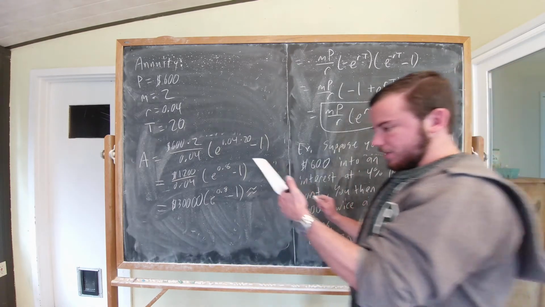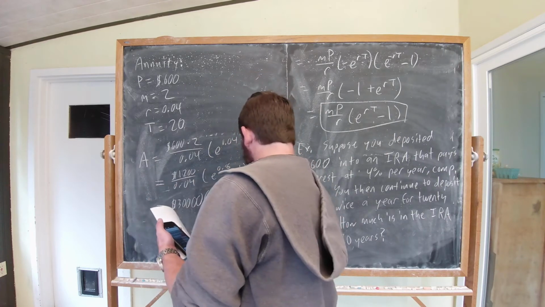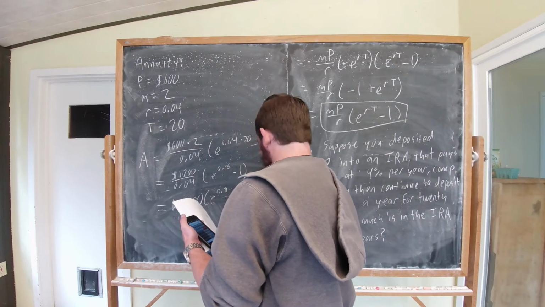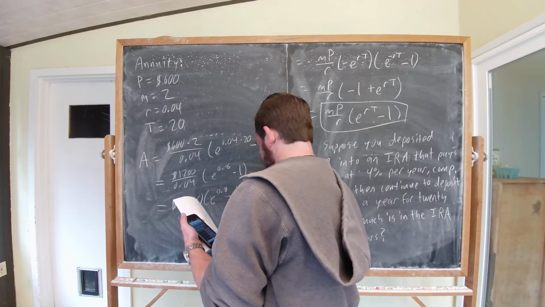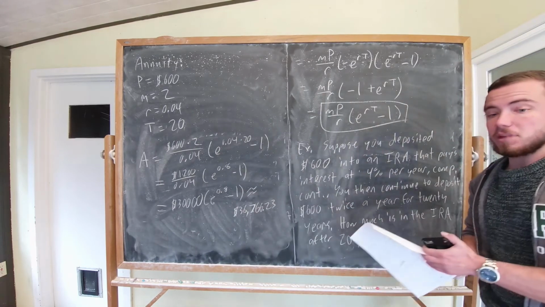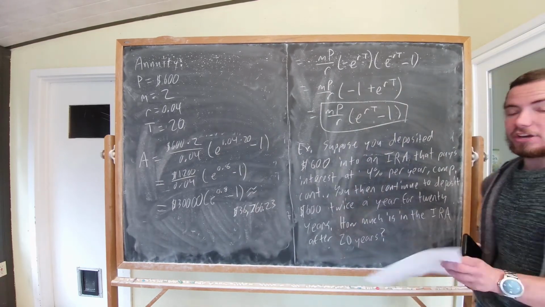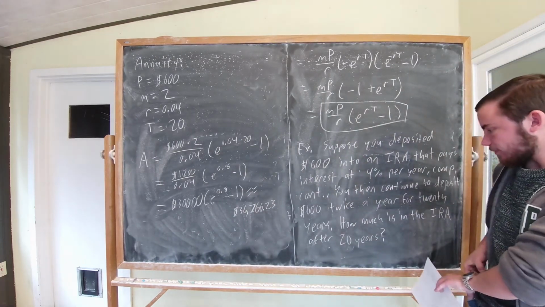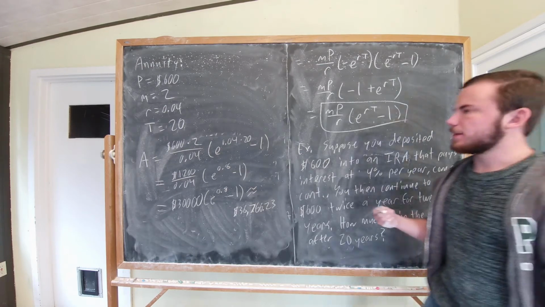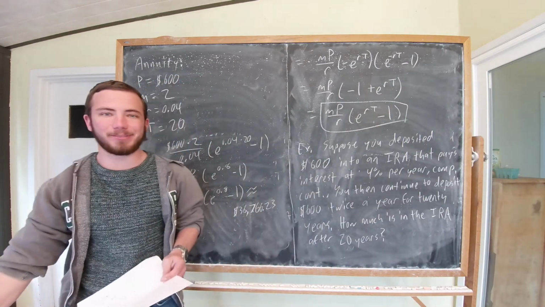You'd end up with roughly $36,766.23 in your IRA. Pretty good for after 20 years. All right, let's move on to another example.